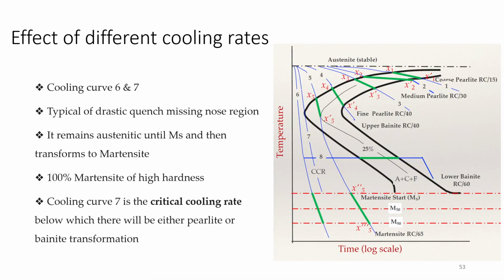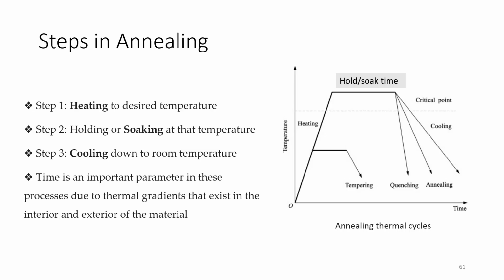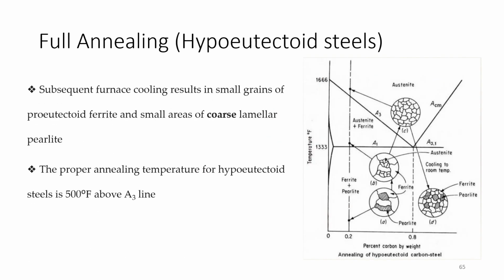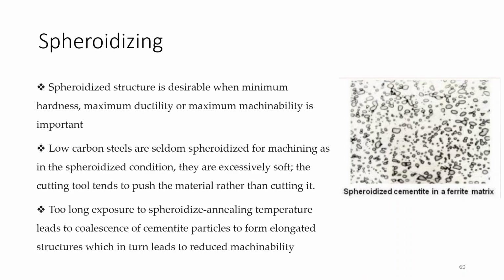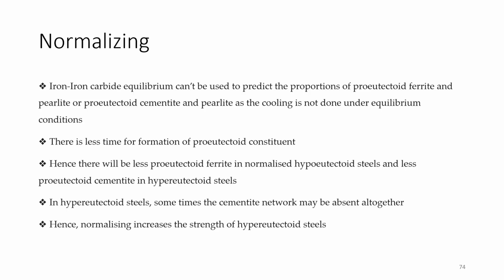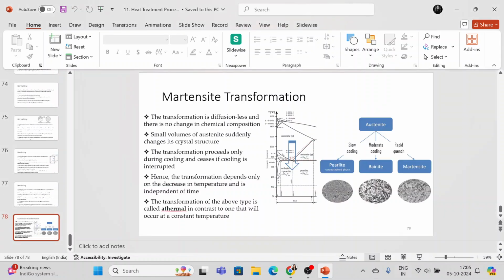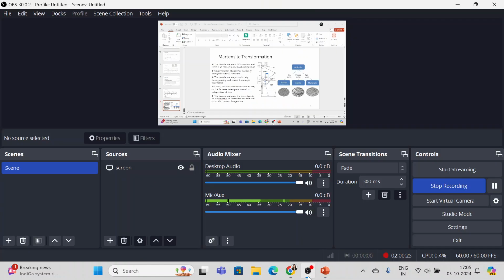Then we went through how to read the CCT diagram and TTT diagram and the differences between annealing, normalizing, hardening and tempering, spheroidizing, stress relief annealing, process annealing, and martensite formation. So that's it from my side.